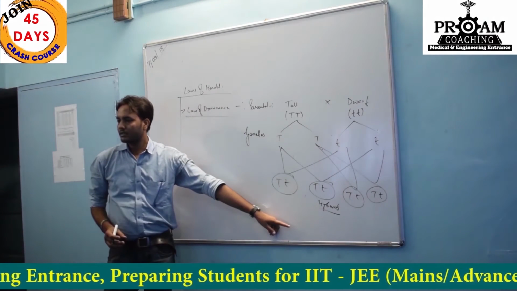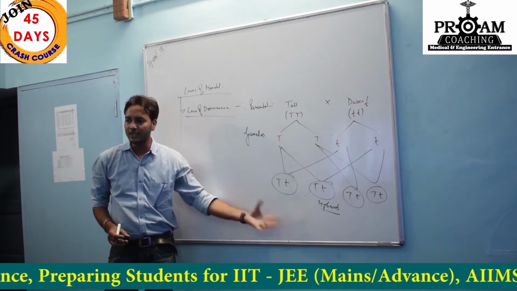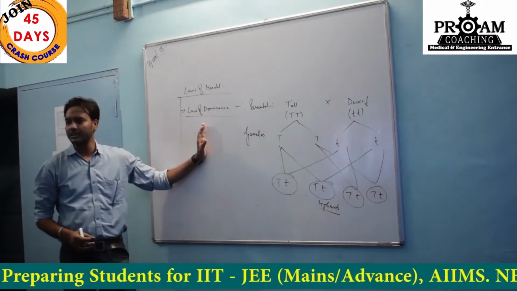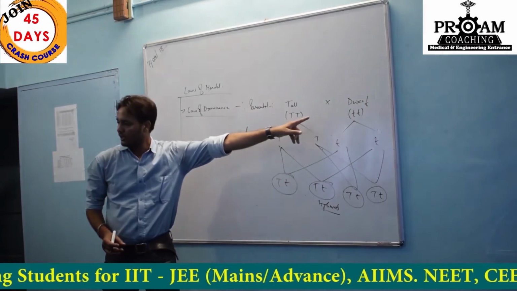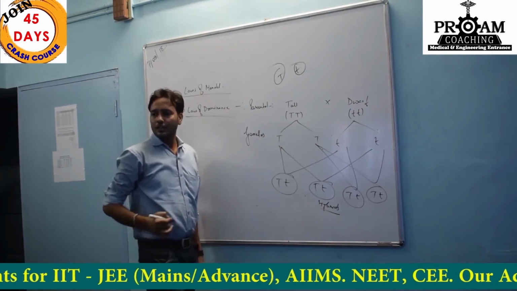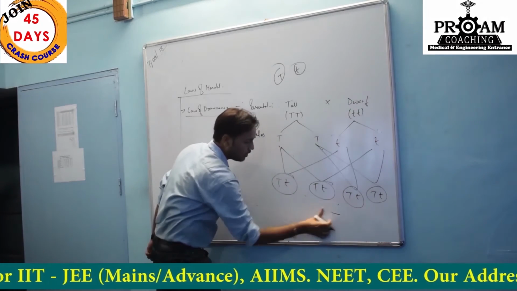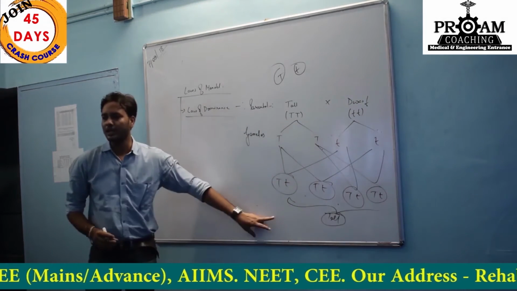Though they are hybrids, they will express whose character? We are studying the law of dominance. Which is dominant over the other? Tall is dominant over the dwarf. So capital T is dominant over the small t. So all the plants will be tall. Is that clear?